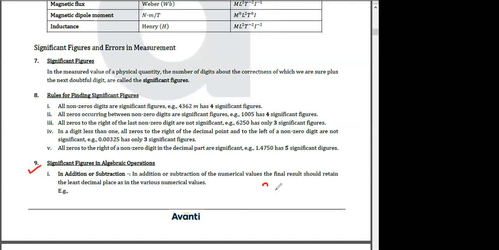If I'm saying 23.54 plus 23.678, what we do? Tell me, what we do? What we do? Think about it.